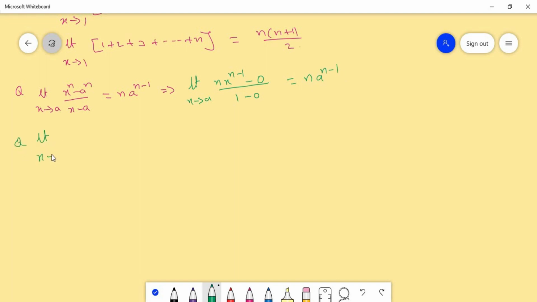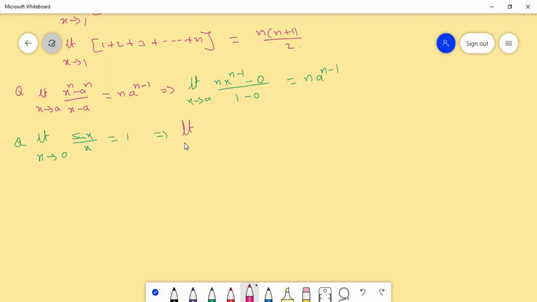We'll take another one. Those are formulas only. Limit x tends to 0, sin x by x. Then how to write this one? Here also take it as 0 by 0 form. Then what to do? Using L'Hospital rule, this also has answer 1. How do we get that? Simple thing.